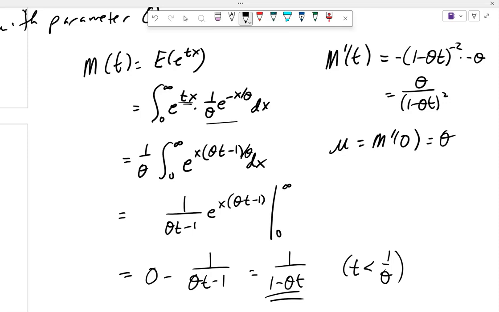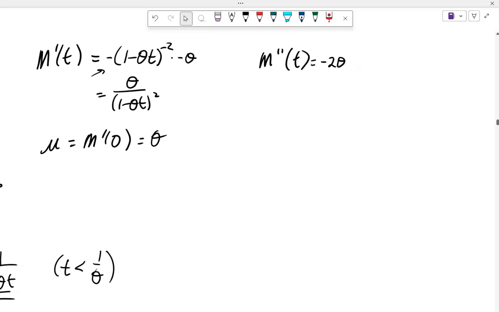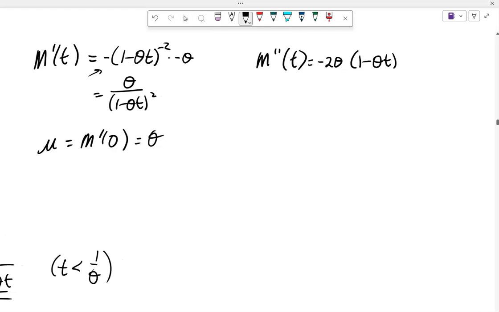For variance, we need to worry about the second derivative. What is the second derivative going to be? I'd work off of this one here. I'll have negative 2 theta, right? Times a 1 minus theta t to the negative 3, and then times another negative theta, right?